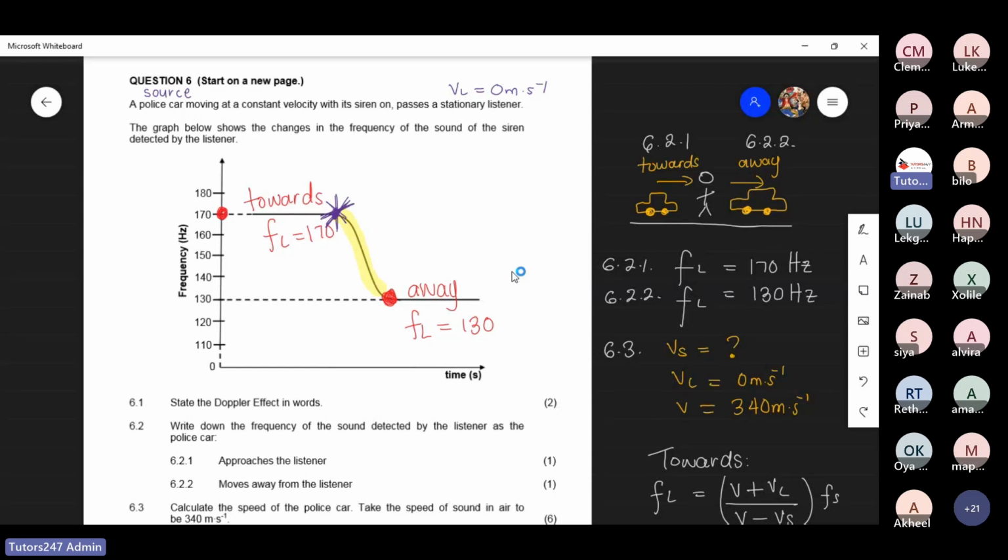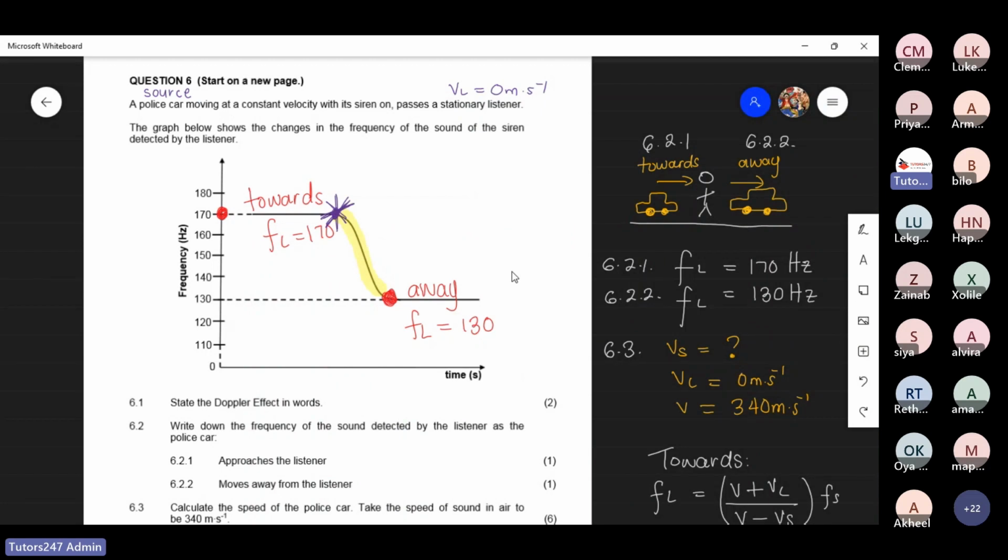Our first statement states a police car moving at a constant velocity with its siren on passes a stationary listener. If an object is stationary, that means it does not have any velocity, it is still, it is not moving. Therefore, the velocity of that stationary listener, VL, is 0 meters per second. In addition, we are meant to calculate the velocity of the source, our police car.